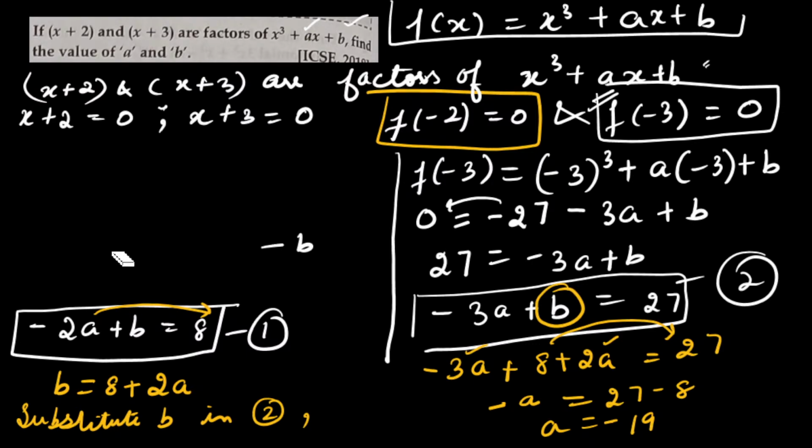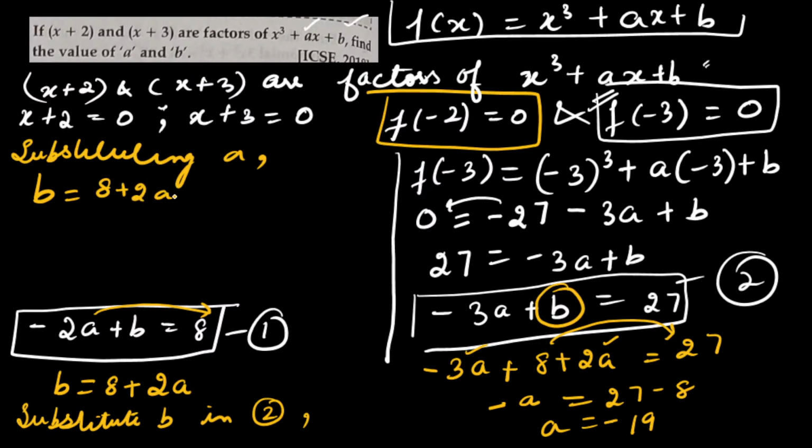After finding the value of a, we can mention substituting a. In this one we can substitute because we know b is equal to 8 plus 2a. So directly here we can substitute: 8 plus 2a, a's value is minus 19. 2 into minus 19 is minus 38.